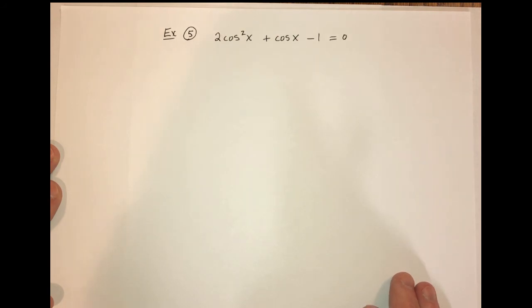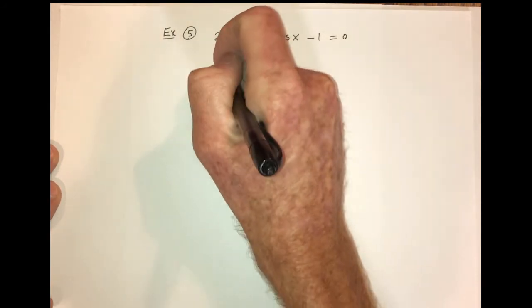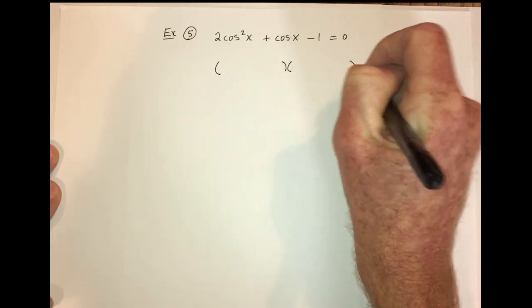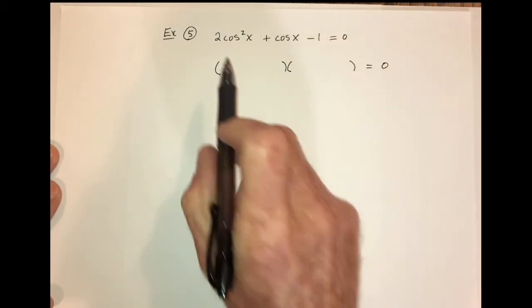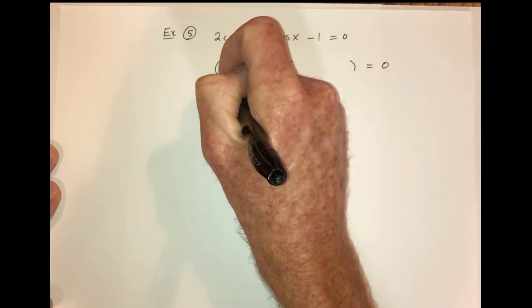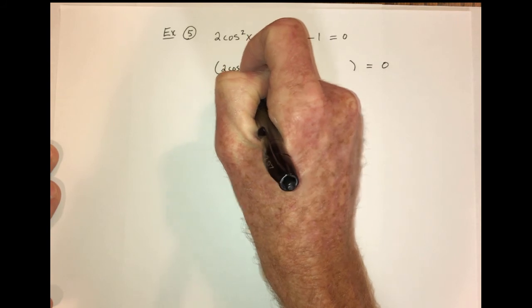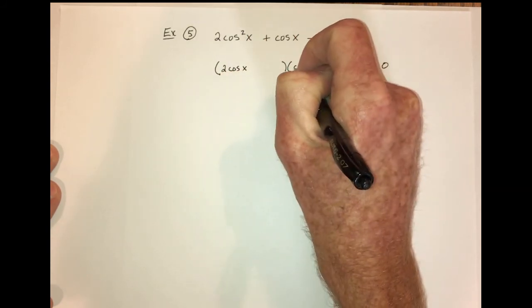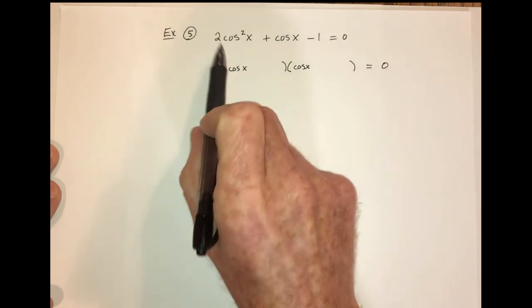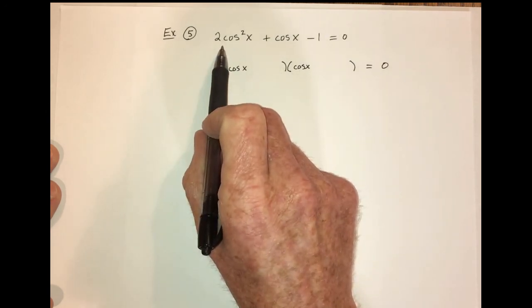So we need to simplify this. With this one, it could be factored. So in order to get a 2 cosine squared, that came from having a 2 cosine of x times a cosine of x. When you multiply those, we get the 2 cosine squared.